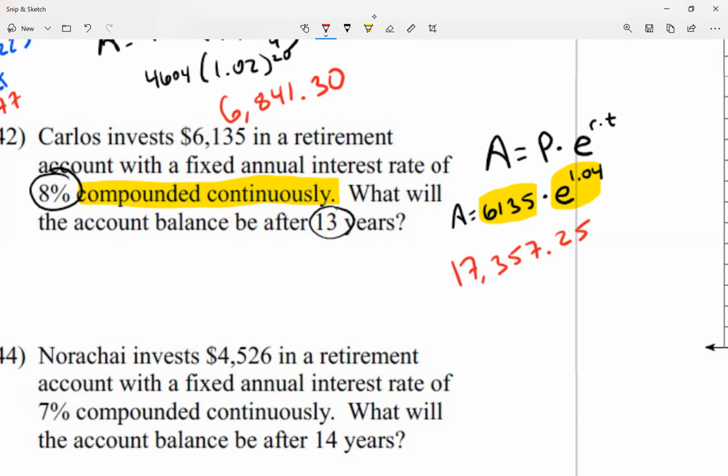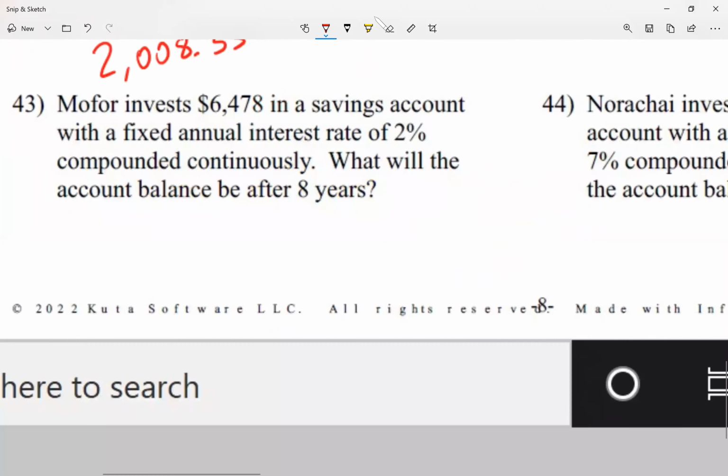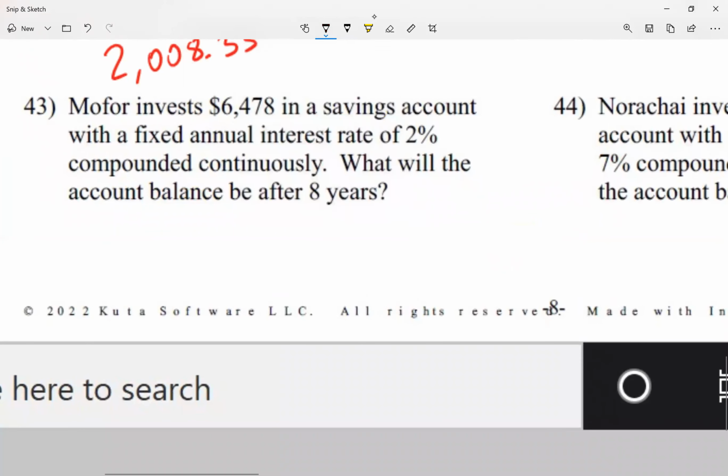Okay, now let's take a look at number 43. So reminder of the formula I'm going to use. The amount is going to be principal times E to the RT. So my principal is 6,478.